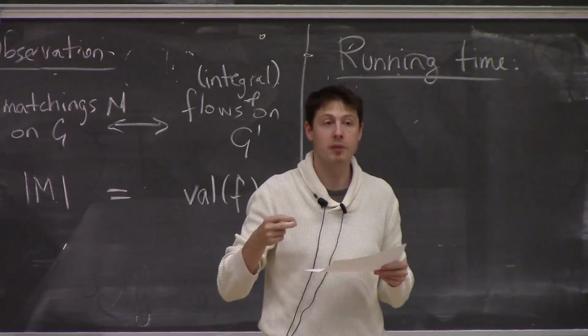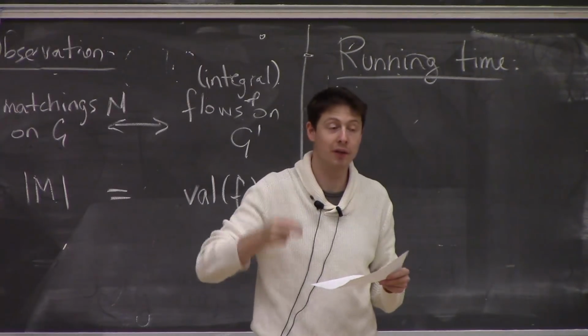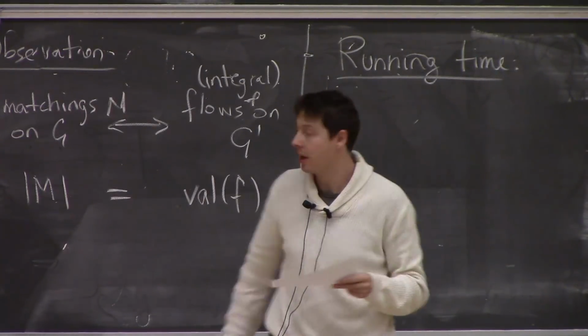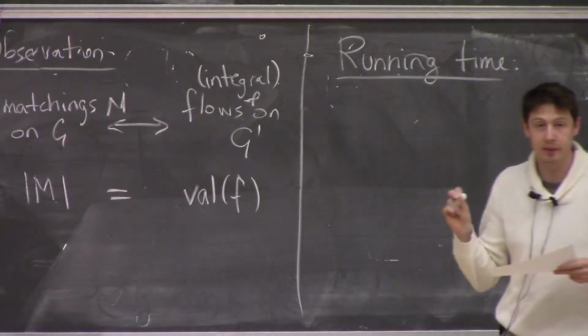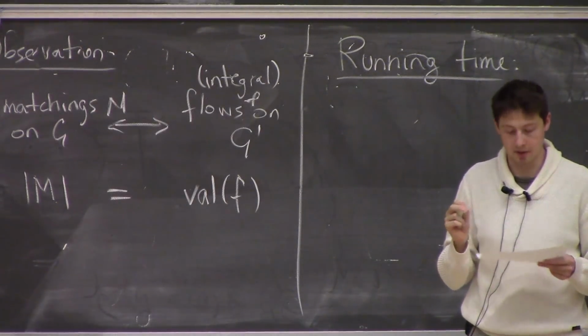Right, I run in time that is linear in the actual value of the maximum flow. So I could have to iterate many, many times. So here I need to make sure that in this particular instance, running Ford-Fulkerson is fine.